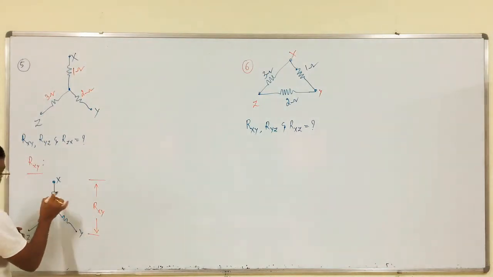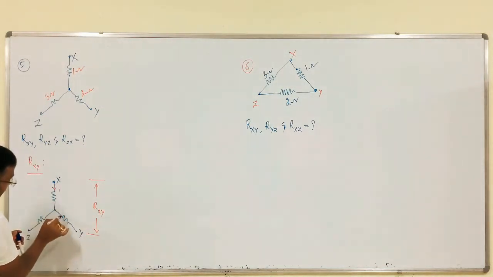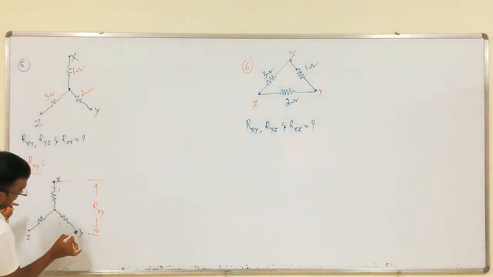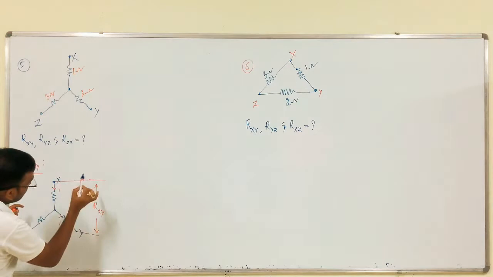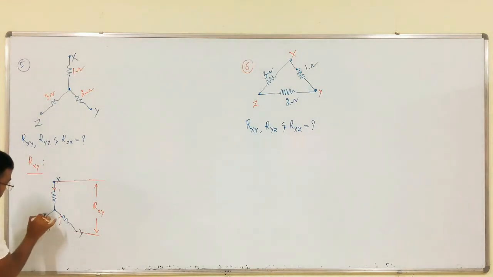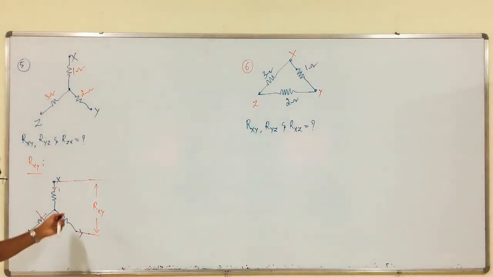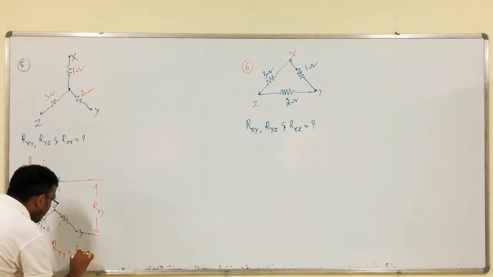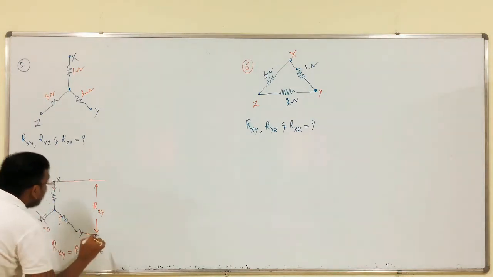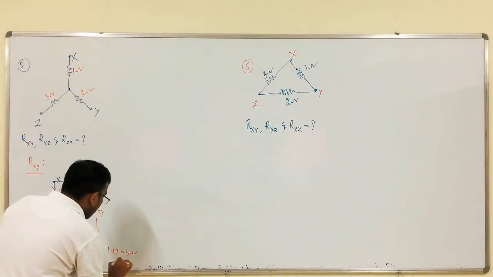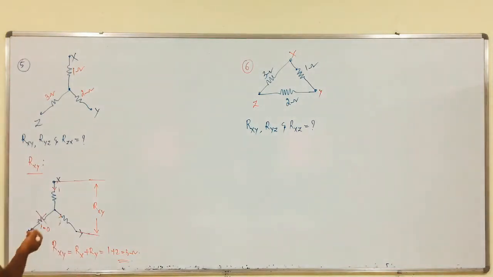See, the current is I, the leaving current is I. Between these two terminals, there is no current through this branch, I is equal to 0. Therefore, Rxy is nothing but Rx plus Ry, which is equal to 1 plus 2, which is equal to 3 ohms. This is for Rxy.